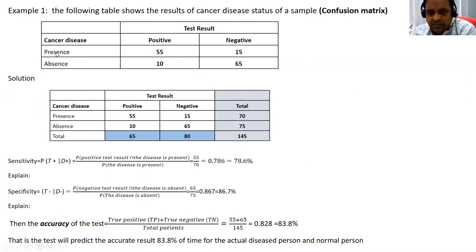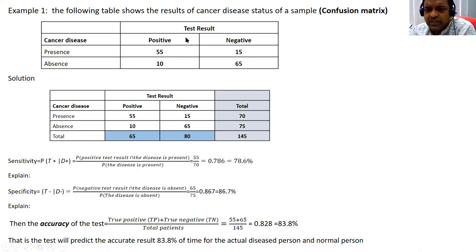In the rows you will find the cancer disease status, by the gold standard test: cancer present and cancer absent. In the columns, the test result of the lab is positive and the test result of the lab is negative. From here you have to calculate sensitivity, specificity, accuracy, true positive, true negative, and false.